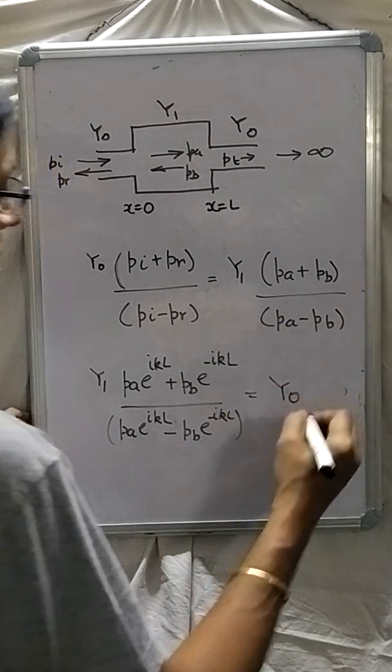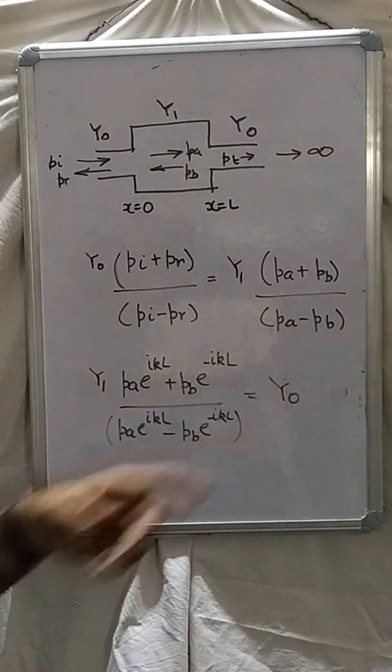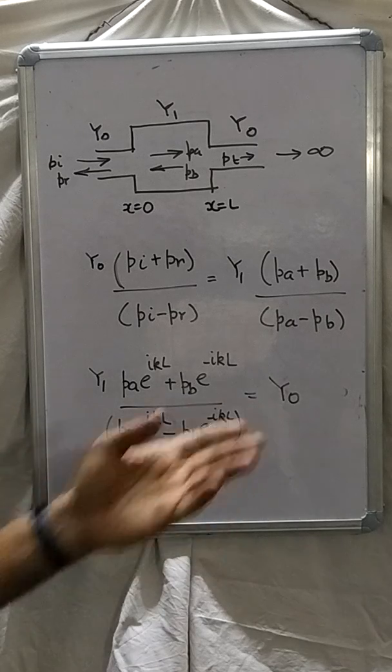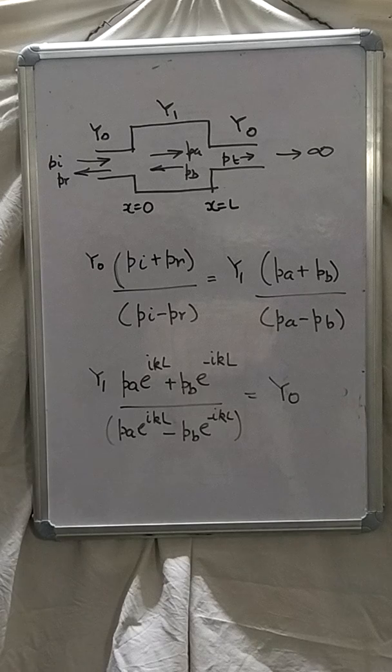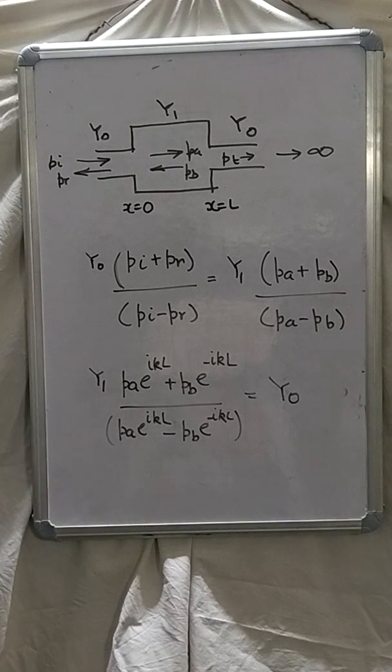But remember, since I have an infinite pipe, PT is the pressure at the top, and the mass velocity is PT by Y0, therefore this is simply equal to Y0. So we have these two equations, and what we really want to find out first is PR by PI, which is the pressure reflection coefficient.